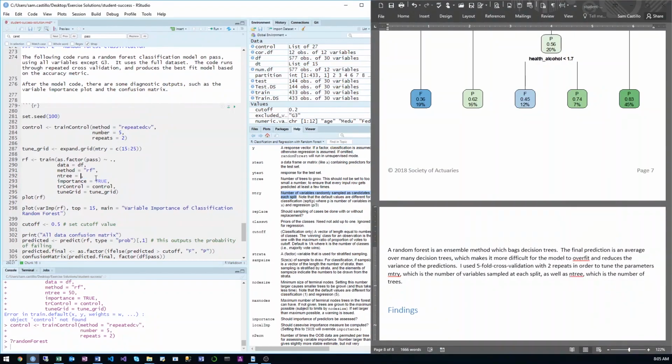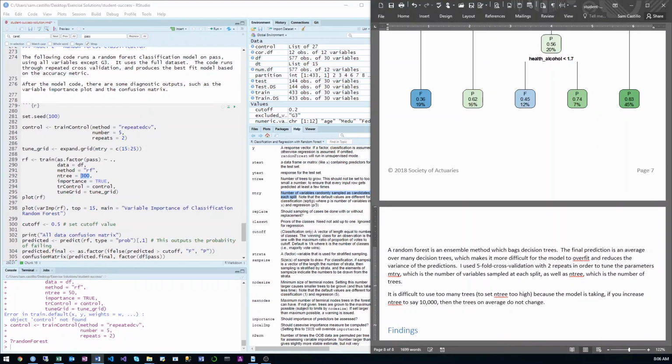Yeah, it is difficult to overfit with the number of trees. It is difficult to set ntree too high because the model is taking an average. If you increase ntree to say 10,000, then the trees on average do not change, right?